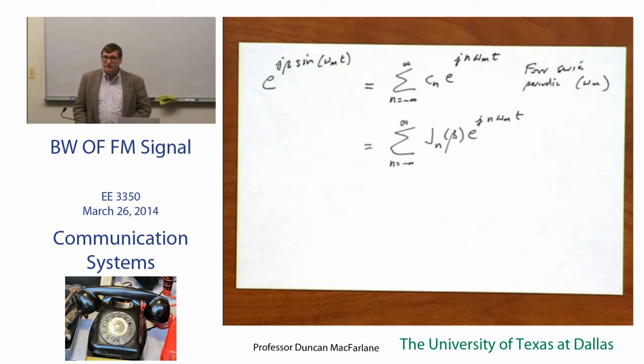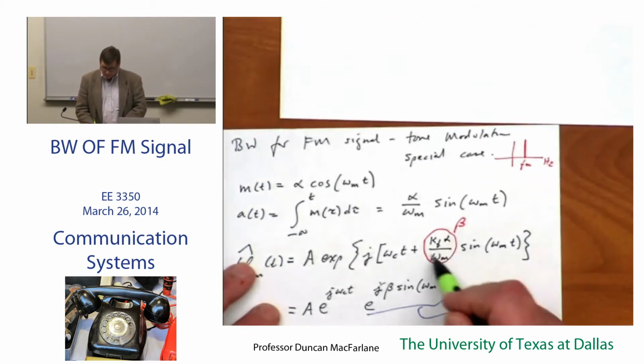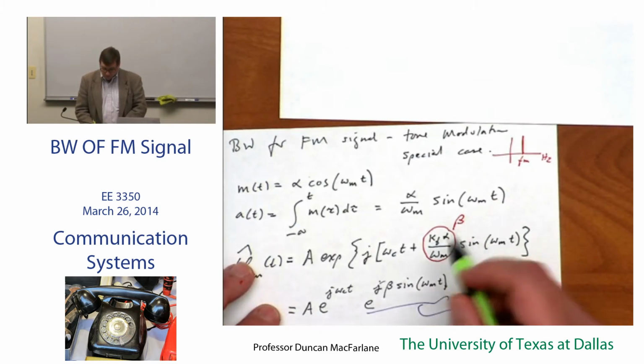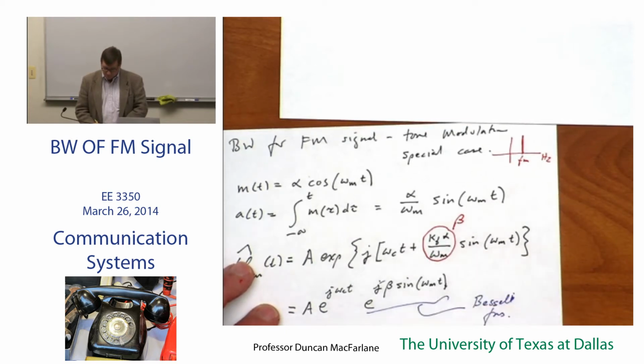You mentioned that the ratio is the multiple of the bandwidth. Okay, the ratio is the multiple of the bandwidth. Sure. So here's my beta. My beta is the ratio of the amplitude to the fundamental of the frequency.